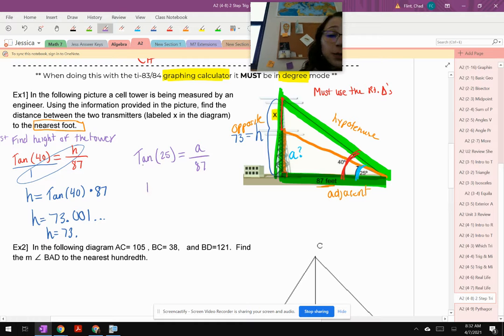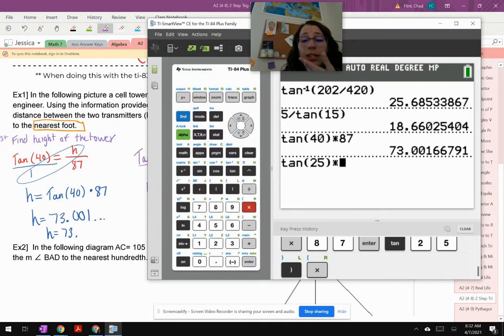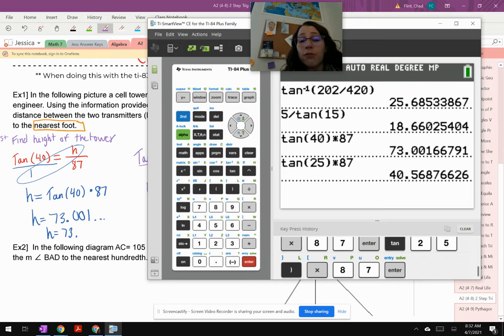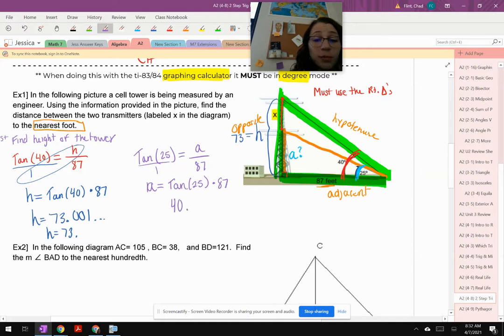So same kind of thing as we did before. A is going to be equal to whatever the tangent of 25 is times 87. Same exact process, you just have to be doing it twice now instead of once. So tangent of 25 times 87 is 40.568, and that is my A piece.